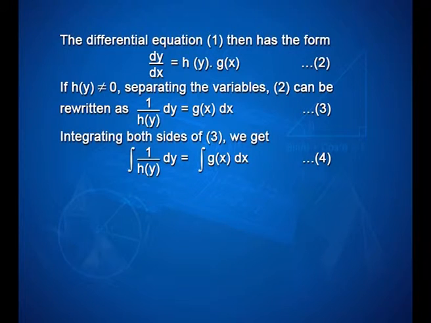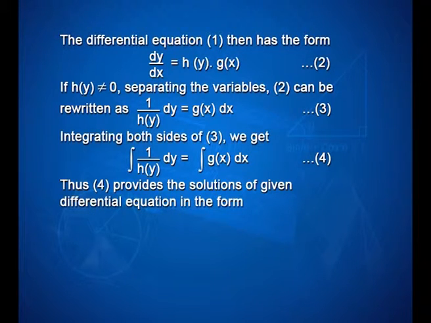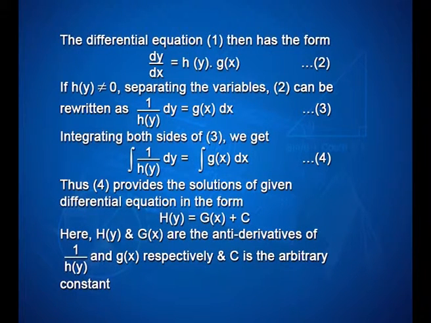This is equation number 4. Thus, equation 4 provides the solution of the given differential equation in the form H of y is equal to G of x plus c. Here H of y and G of x are the antiderivatives of 1 upon h of y and g of x respectively, and c is the arbitrary constant.